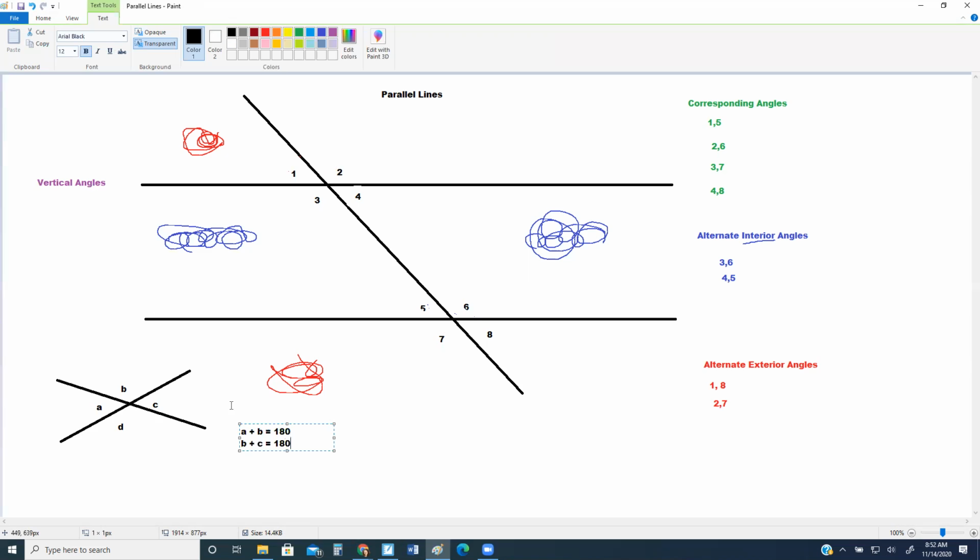Well, if A plus B equals 180 and B plus C is 180, then A plus B will equal B plus C. I can subtract B from both sides.